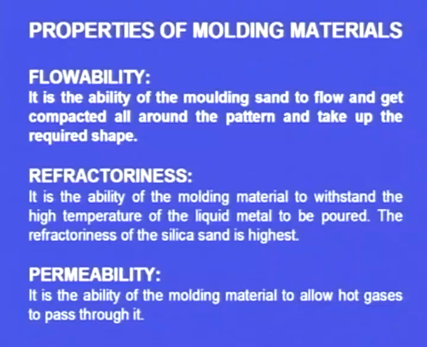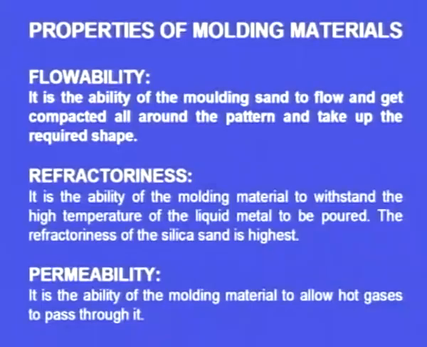At such high temperatures, there is every chance the molding sand may fail and no longer retain its shape. But a good molding sand should retain its shape and strength and resist the high temperature. That is refractoriness: the ability of the molding material to withstand the high temperature of the liquid metal to be poured. The refractoriness of silica sand is highest.